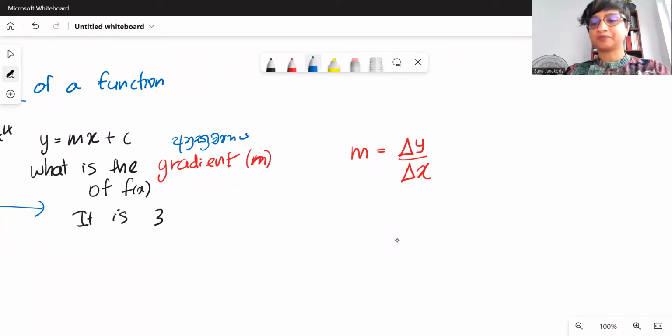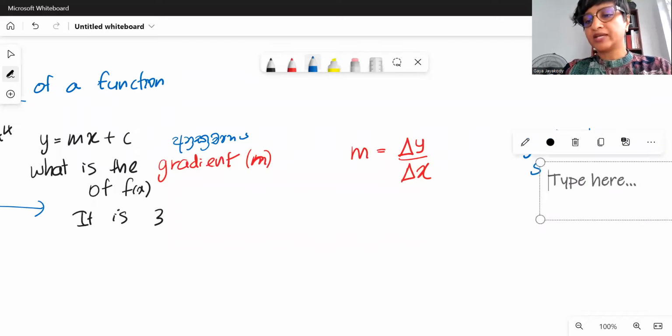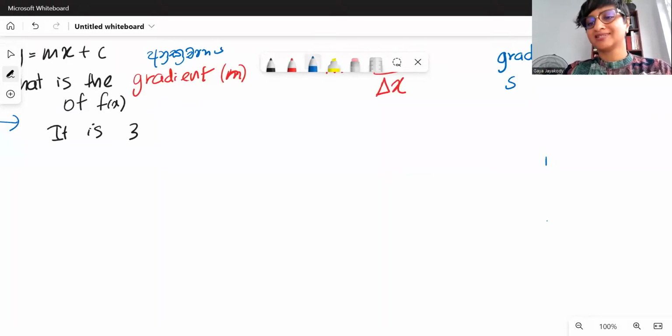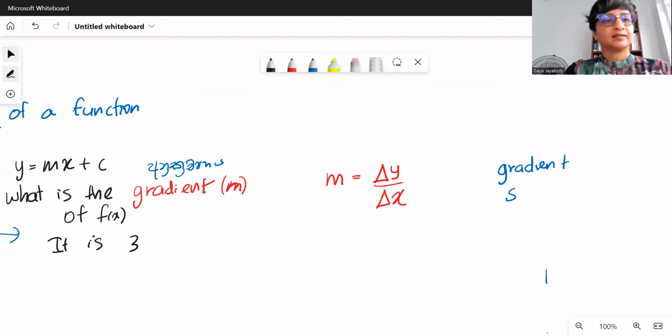You don't see that. So if I write again, gradient and slope are the same. Slope what? Slope.